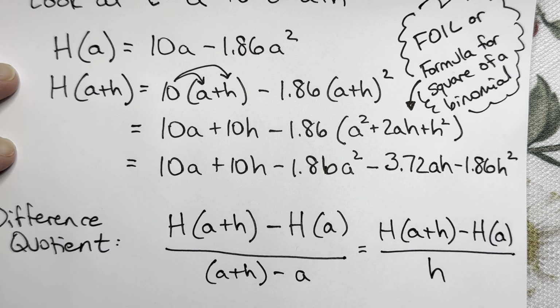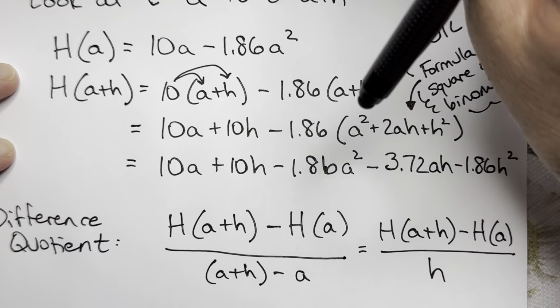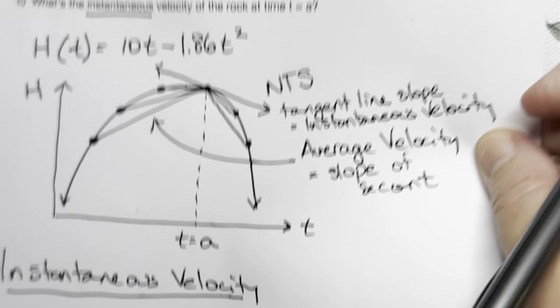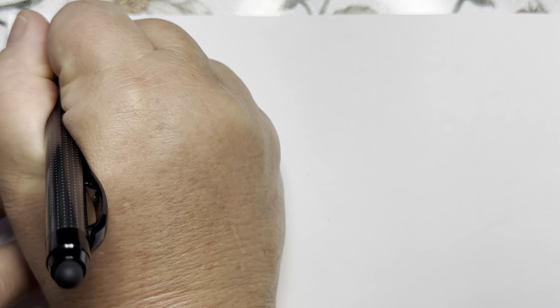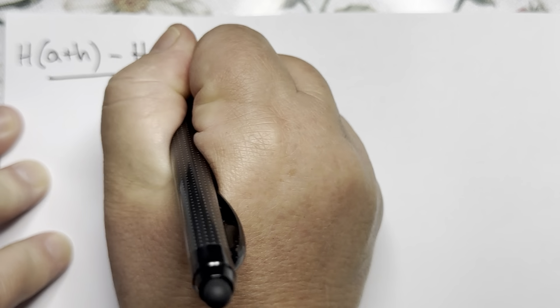Okay, you guys ready? Okay. So, where's the paper? There's the paper. This is going to be H of a plus h minus H of a, all over h.